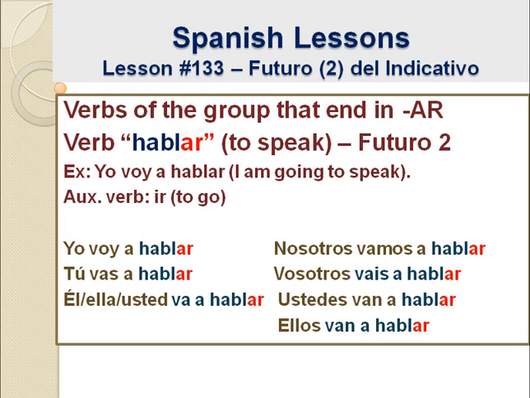I am going to speak. Tú vas a hablar. You are going to speak. Él va a hablar. He is going to speak. Ella va a hablar. She is going to speak. Usted va a hablar. You are going to speak.